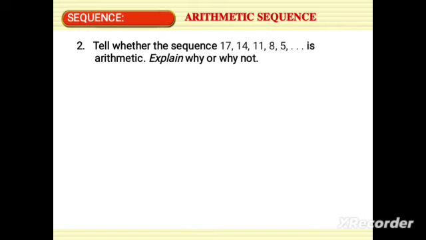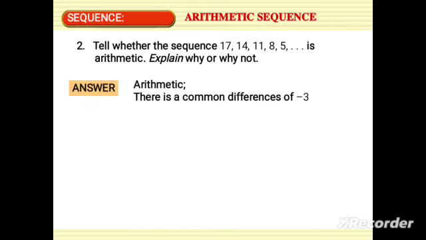Okay, so if we find the difference, we get 14 minus 17, that will get us -3. Then 11 minus 14, the same, negative 3. So you find out that all through when you subtract, the difference will still be the same, and it is common, meaning it is a constant.